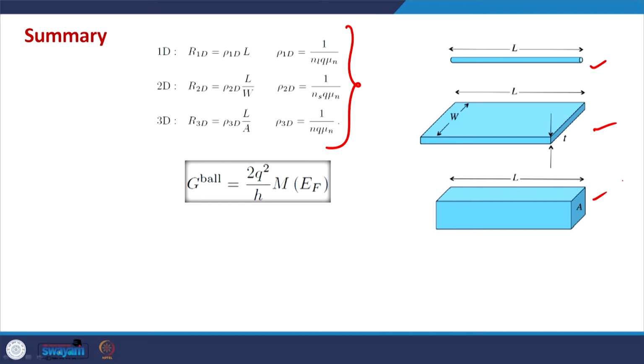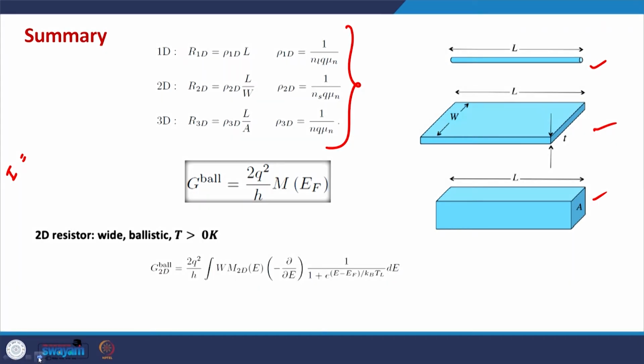And in the last few classes, the emphasis has been on the point that the starting point for these kinds of discussions should be this expression, the expression for the conductance from the ballistic transport case.